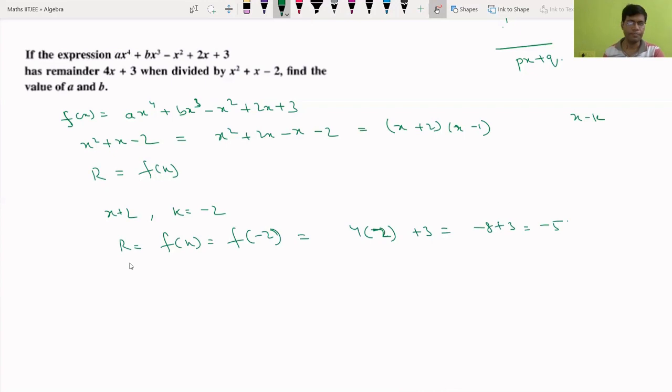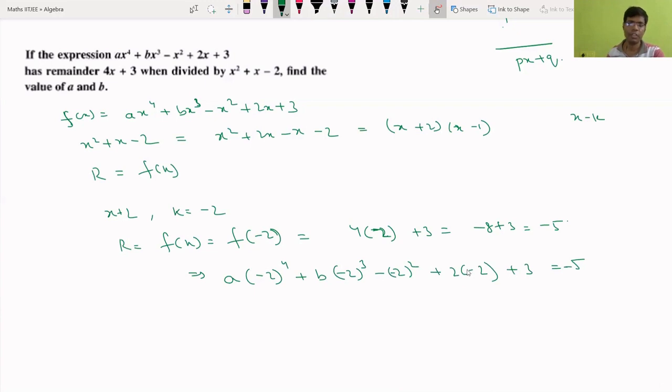And this is f of minus 2. So instead of x in this expression, we put minus 2. This will be a times minus 2 to the power of 4 plus b times minus 2 to the power of 3 minus minus 2 square plus 2 times minus 2 plus 3 is equal to minus 5.